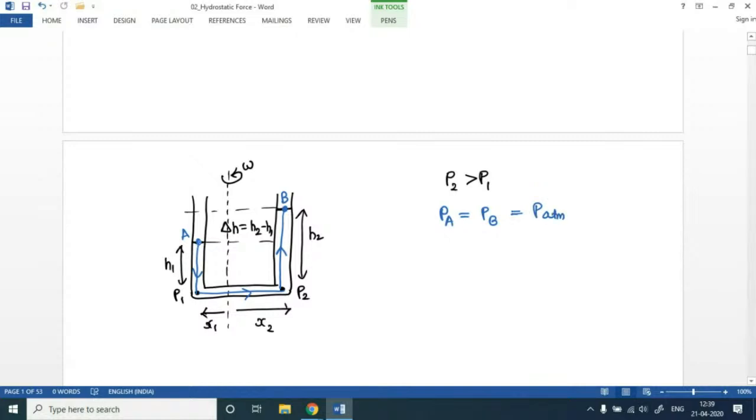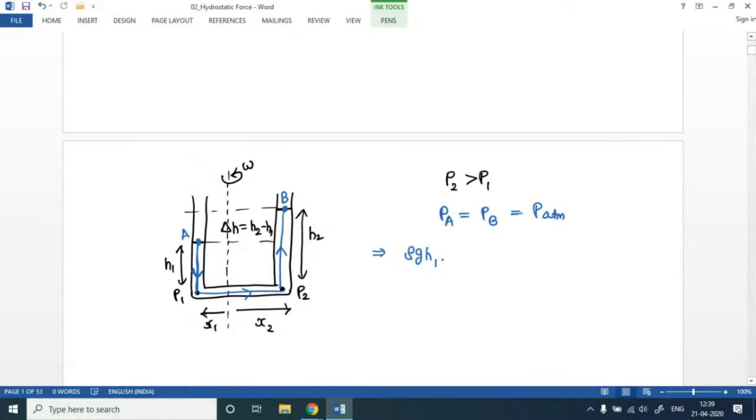So I must move from A to B from within the liquid. Following this path first, the pressure will increase by rho g h1.